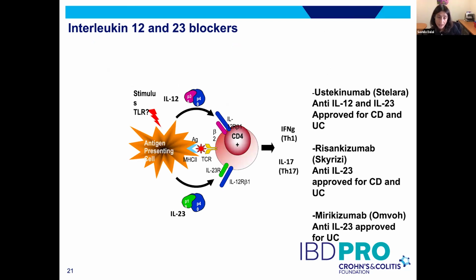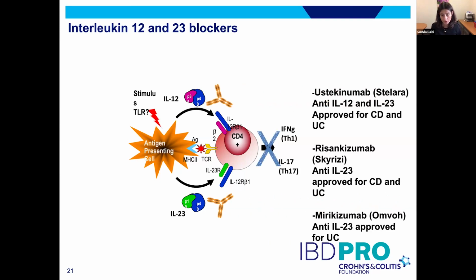More recently, we have risankizumab or Skyrizi, which has been approved for Crohn's since 2022, and actually just new in the past 2 weeks since these slides were originally made is approval for ulcerative colitis. We also have a second anti-IL-23, mirikizumab or Omvoh, for ulcerative colitis. And we're going to talk a little bit more about these IL-23 therapies because they are newer, so we might be a little bit less familiar with them and their use.